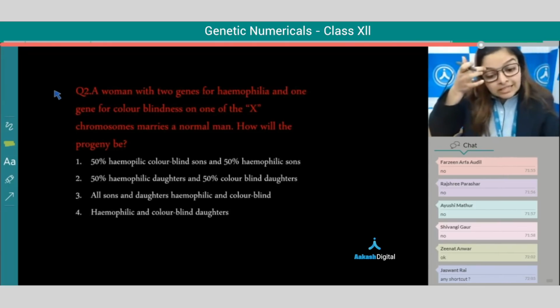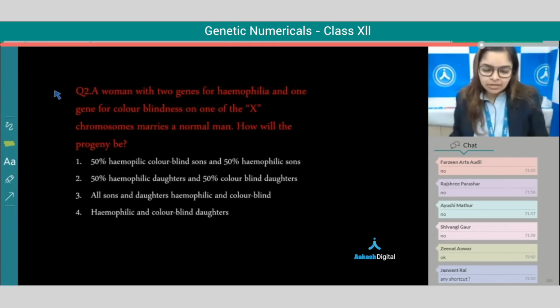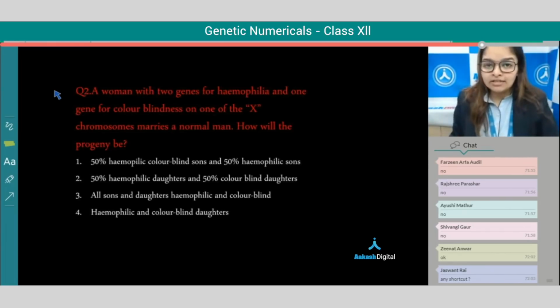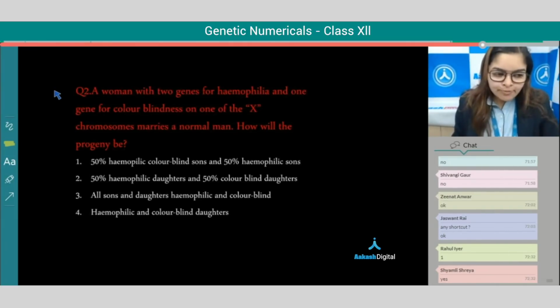This is a shortcut. No need to make the cross for this dihybrid condition. Just split this dihybrid into 2 monohybrids. This is a shortcut, children. Rahul, option 1 is correct: 50% hemophilic colorblind sons and 50% hemophilic sons. Option 1 is right. Anyone else?